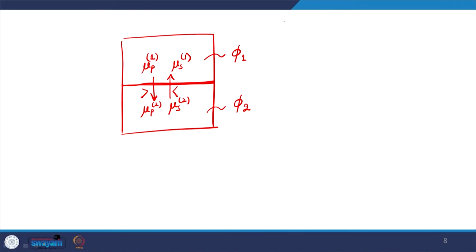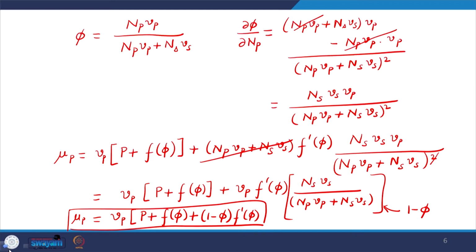Ultimately we are interested in the gradients of these chemical potentials, because it is these gradients that dictate in which direction the transfer will take place. So let us start with the expressions that we had obtained for μp and μs and find these gradients. Let us start with the first one.